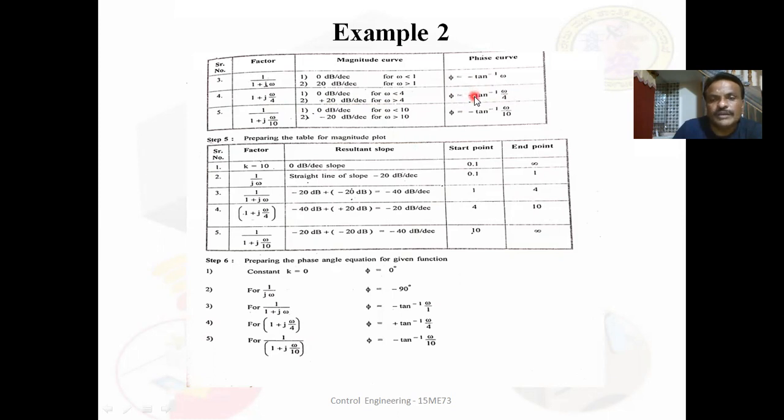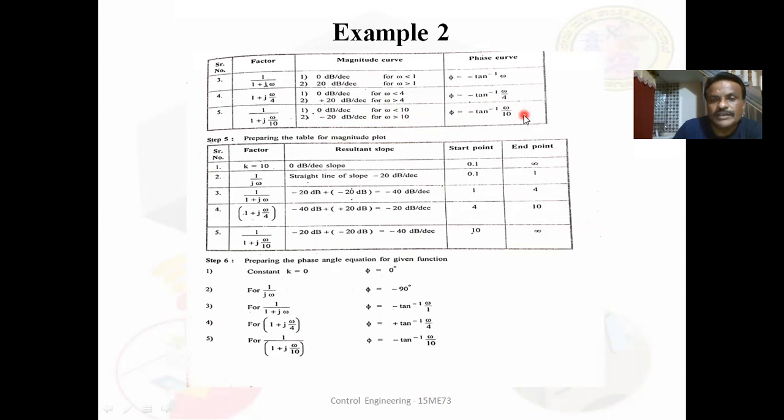Here it is not minus, it is plus. Then I will take the first order pole 1 by (1 + j omega/10). The magnitude curve is 0 dB per decade for omega less than 10 radian per second, then minus 20 dB per decade for omega greater than 10.